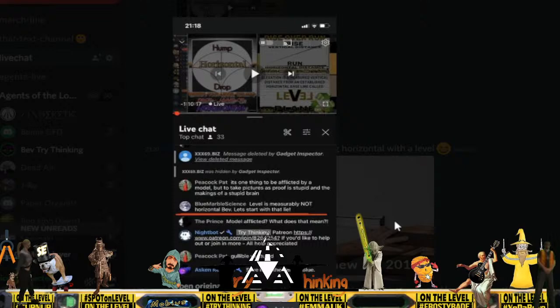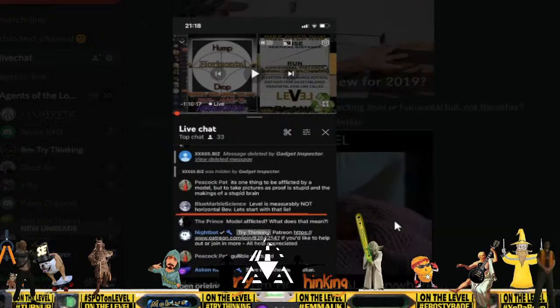Because a Blue Marble Science guy, the head honcho, Blue Marble Science, has said it's measurably not. So where's the measurement? In a measuring rod, would it be measurable with a measuring rod as a distance from the horizontal within the tool? It's so backwards. I'm hoping people are getting to ask themselves these questions.